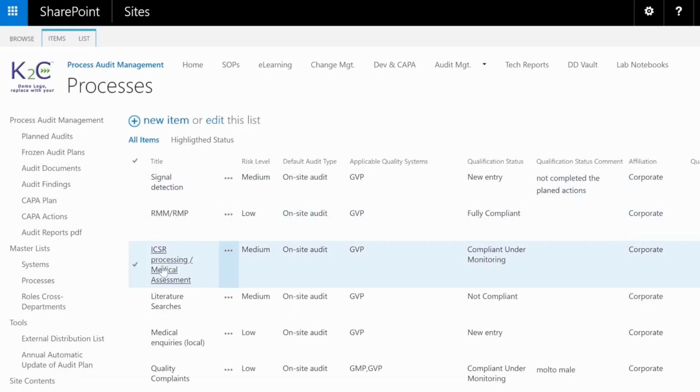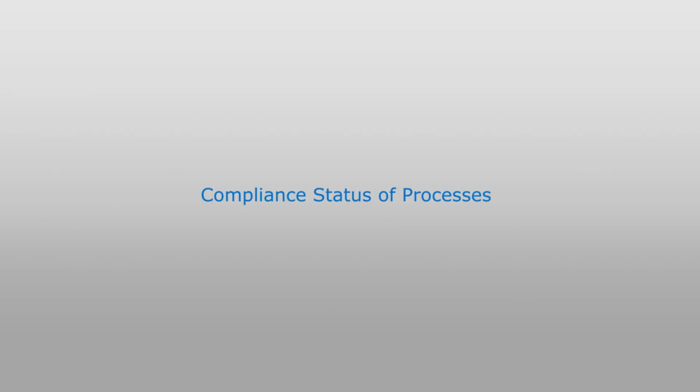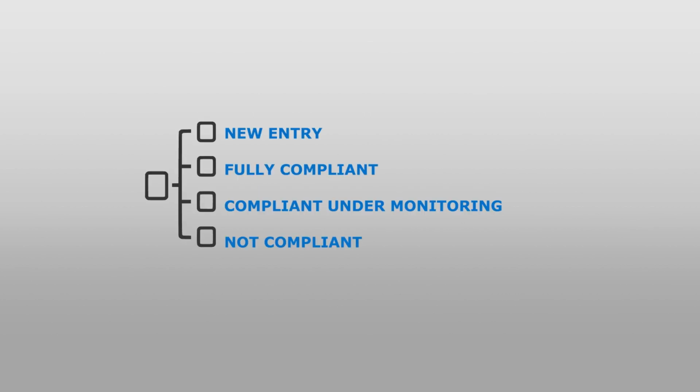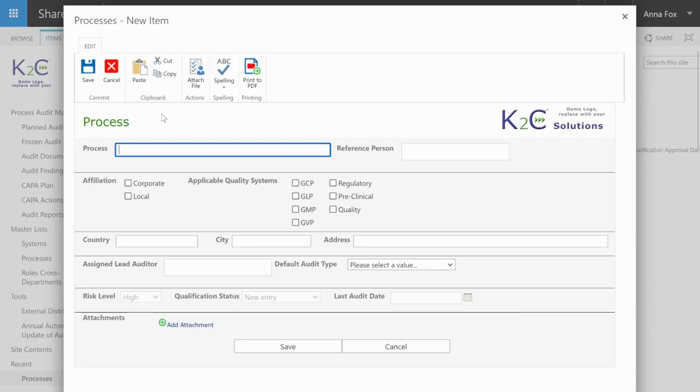As our quality system must be compliant, the processes under it must be compliant as well. The system allows us to manage the status of a process, which is customizable as per our own policies. The compliance status of a process might be new entry, fully compliant, compliant under monitoring, not compliant. The default compliance status of a new process is new entry.